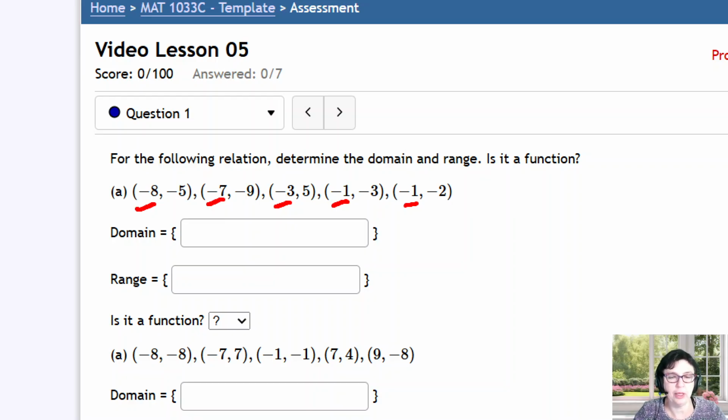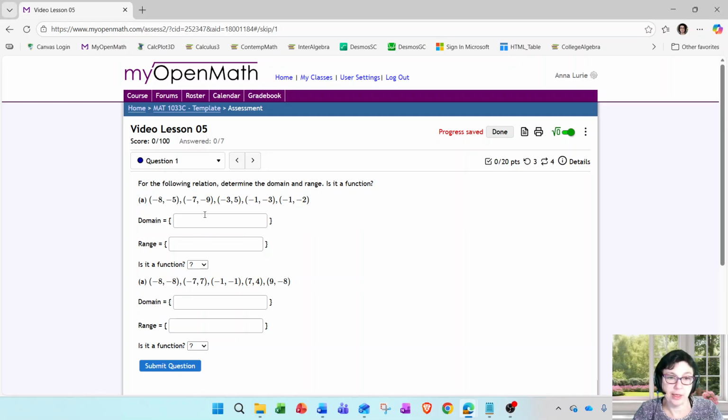You can type it in any order, but if you see a number that repeats, like I can see right here, -1 repeats. So I'm not going to list this again, because it's not going to be counted as right, actually, if you do list it twice. Okay, so here, that's it. That's the list of inputs. That's the list of from cities, okay? Even if some of them repeat, you're not going to say, oh, Miami, Miami, right?